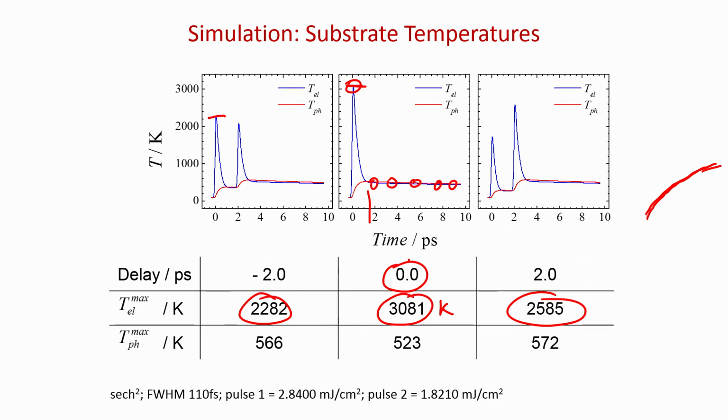This suggests that depending on how we deposit the energy, at what delay we deposit it, the peak temperature may vary. If the peak temperature varies, then it may affect the adsorbate temperature as well, and if it affects the adsorbate temperature, then it can also affect the kinetics on the surface.